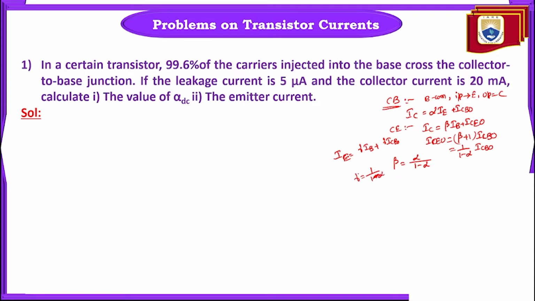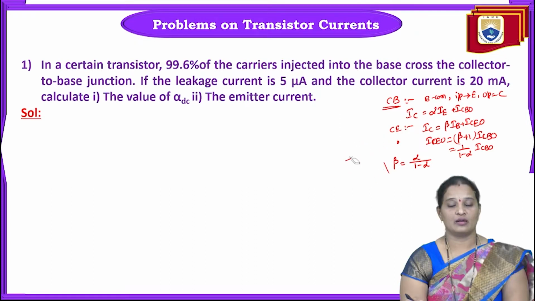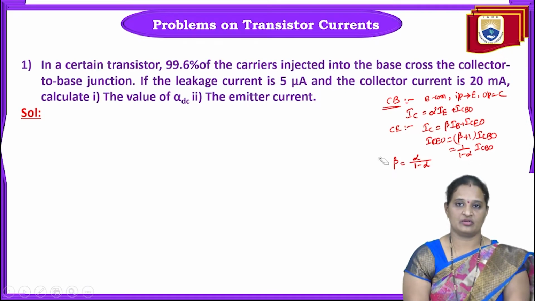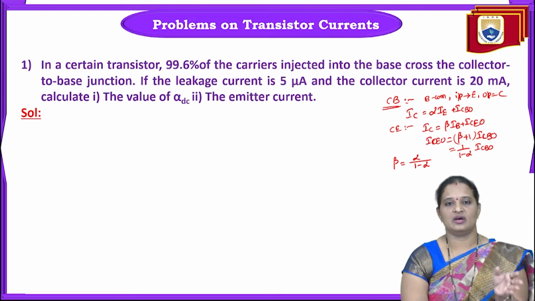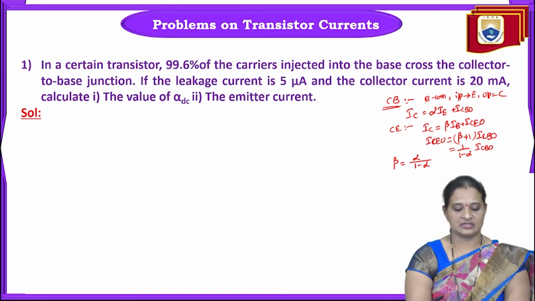So these are some of the relations between the current equations of common base, common emitter and common collector configuration. These are the things we need to solve some of the problems on transistor currents.